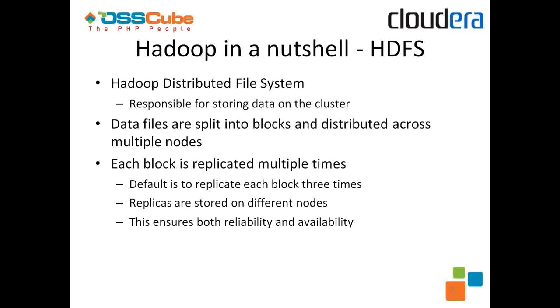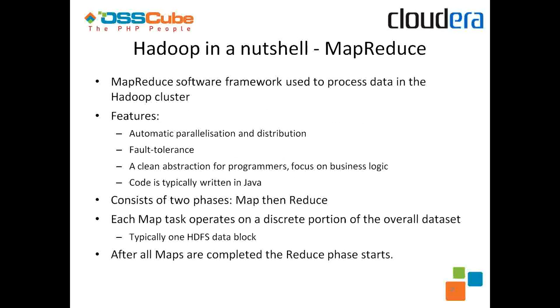And this replication is very important because it gives you reliability. So if you lose one node, then you don't lose any data, because there's some other version of that block sitting on another machine. So these blocks are distributed and replicated across your cluster, and that ultimately ensures your reliability and availability.